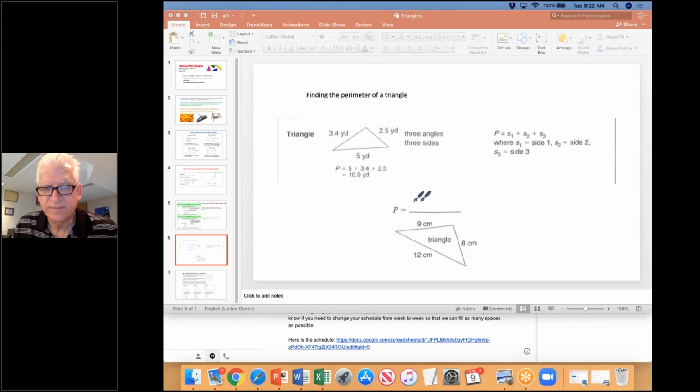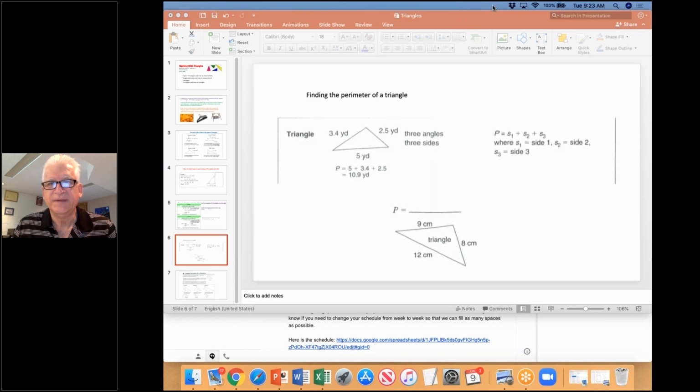So your answer, the perimeter represented by P, equals 29. And again, let's make sure we use the units, 29 centimeters. So the perimeter of this triangle is 29 centimeters. That's pretty much all you need to know about finding the perimeter of a triangle.